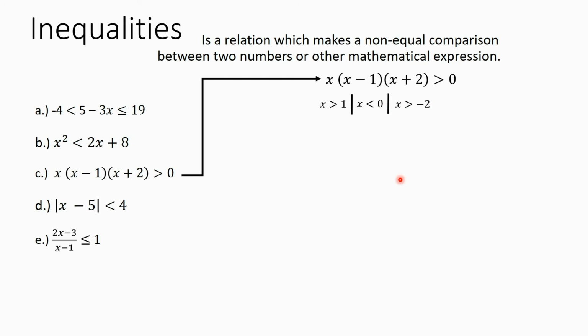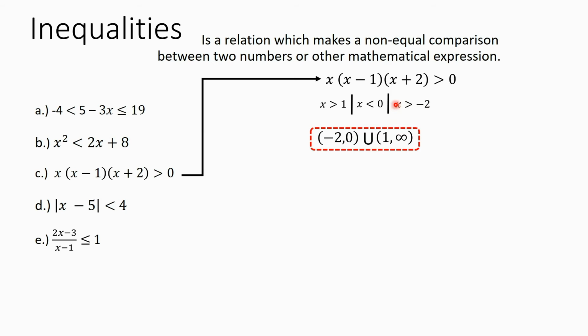If you're going to write your solutions, x is greater than negative 1, so that is an infinity. We have sets here that have an infinity. So you can write your solutions like this: 1 to positive infinity, union 0 greater than x is less than 0, then to negative 2.